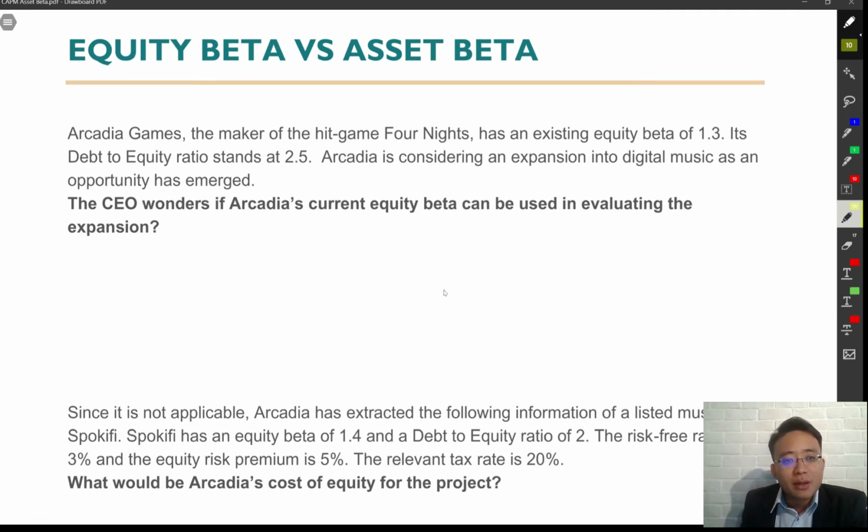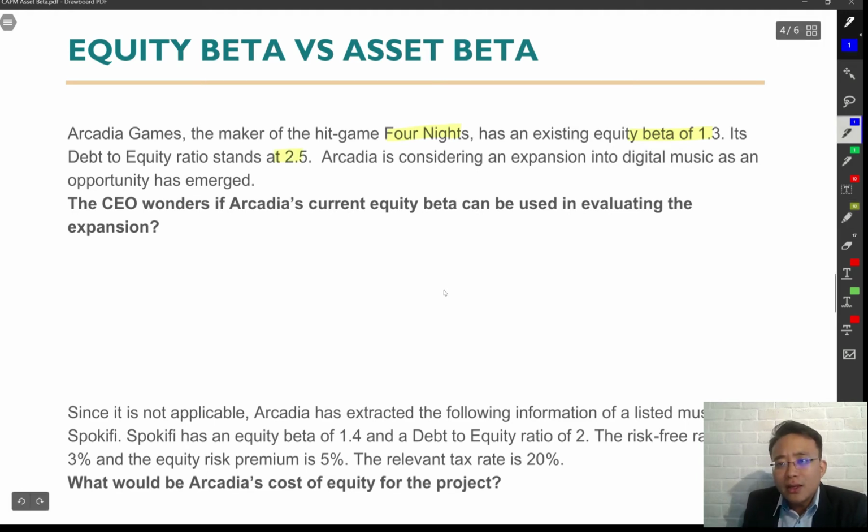Now, Arcadia Games, the maker of the hit game Four Nights, have you played that before? I heard it's quite a hit, has an existing equity beta of 1.3. Its debt to equity ratio stands at 2.5.